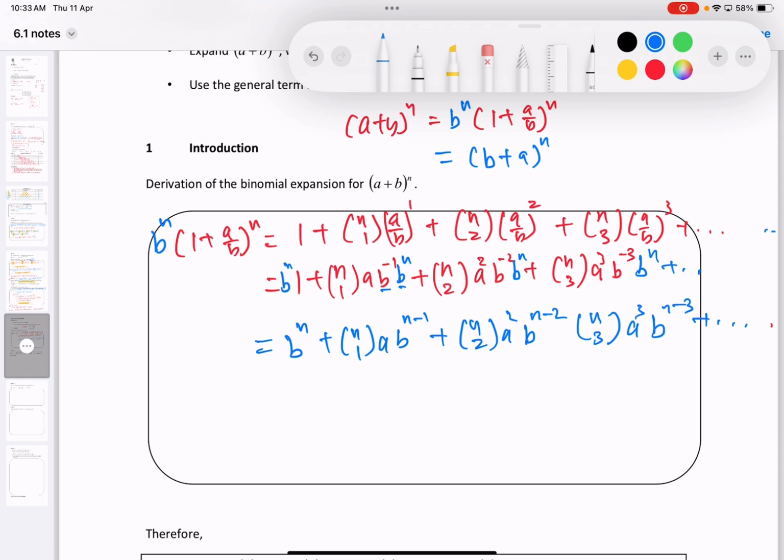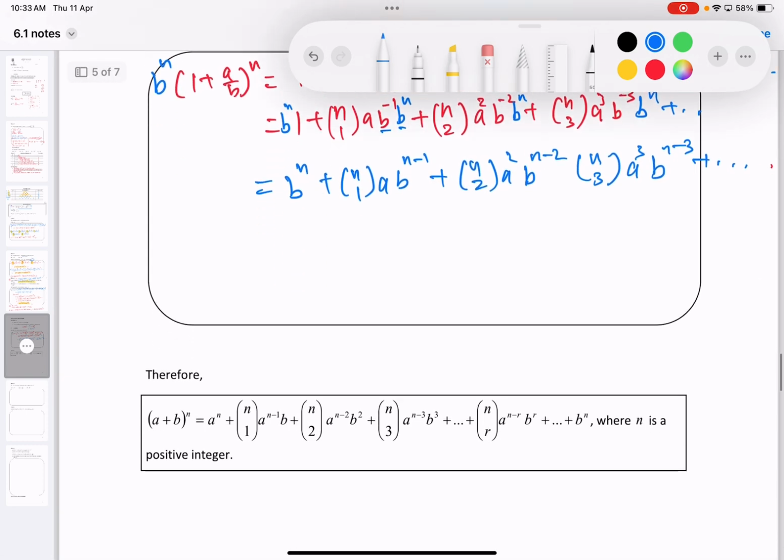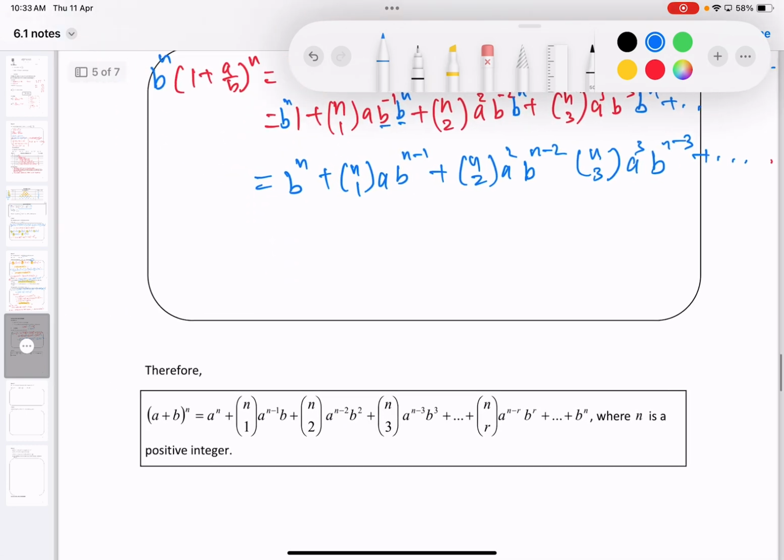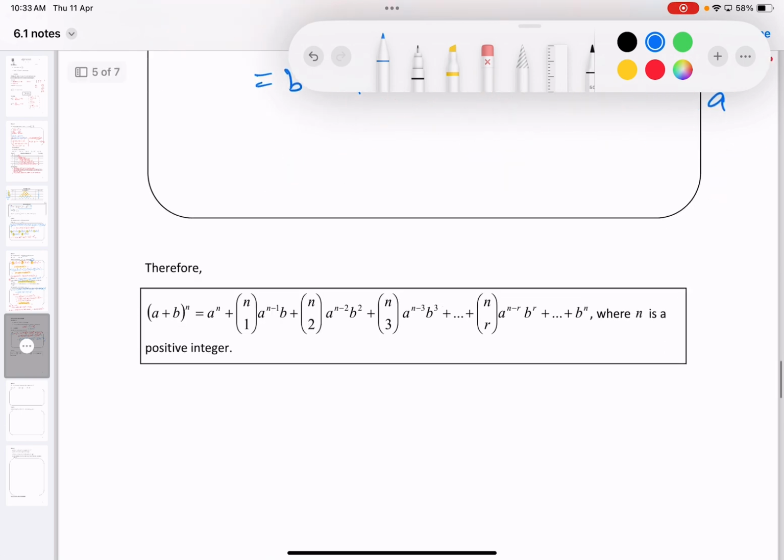Eventually you will get a to the power of n at the end, if you really want to do out the whole thing. That's how we get this formula over here.